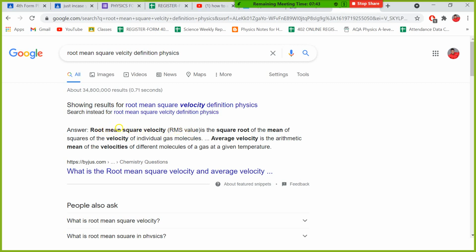The root mean squared velocity is the square root of the mean of the squares of the velocity of an individual gas molecule. It's just a definition that they can sometimes ask you for. I'll soon show you what it looks like in terms of how you go about writing it.